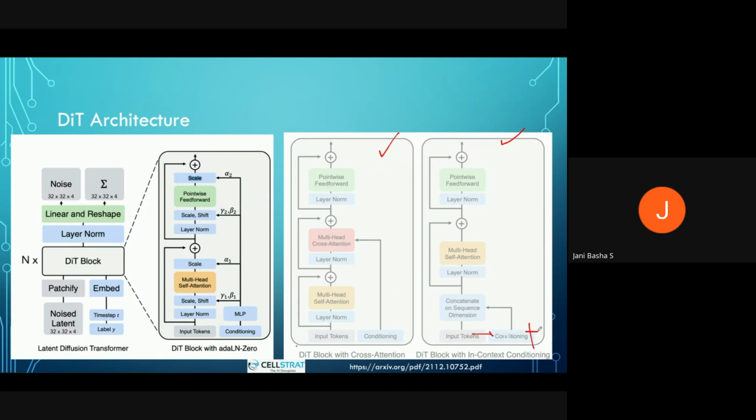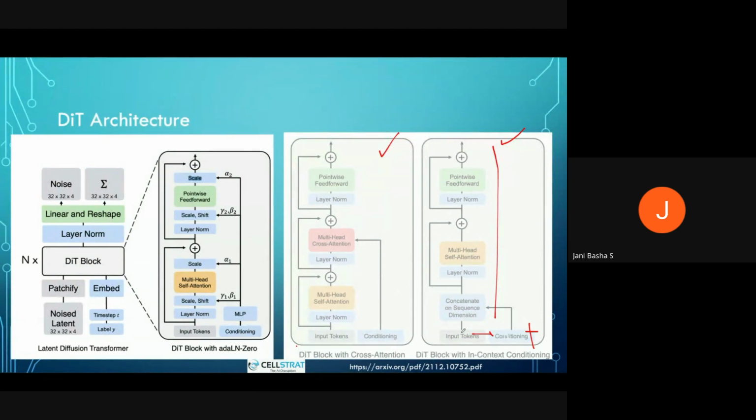Like we have the 16 tokens of the image, and at the end we also concatenate these textual embeddings, and then we just pass it to the existing transformer model. So you can see this is the normal transformer model that we generally see. There is no architectural change here. This is one thing they have tried.